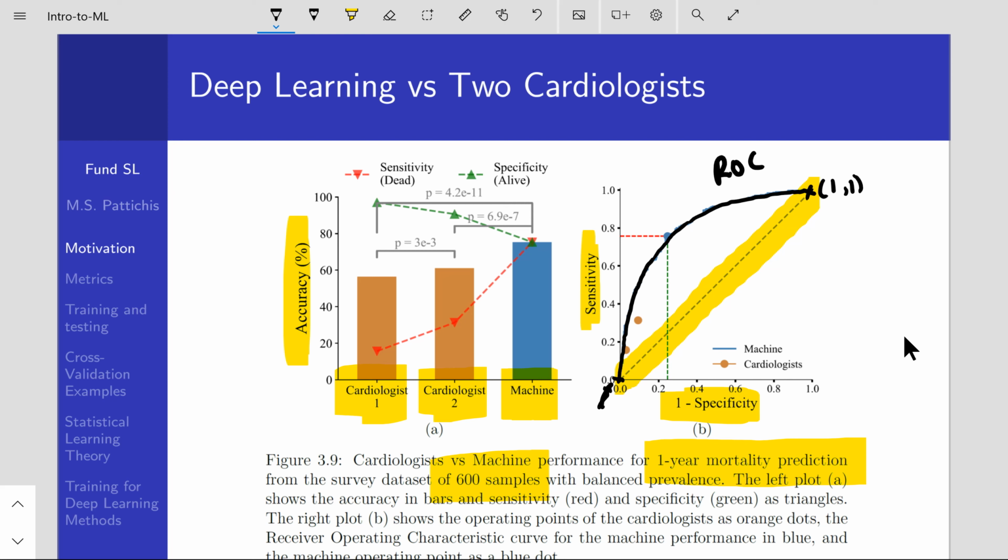We have a predictor that simply sends everybody home and says there is no problem, everything will be normal. And on the other extreme, we have another predictor that basically says we predict that the patient is not going to survive within a year, and therefore we should do more testing.